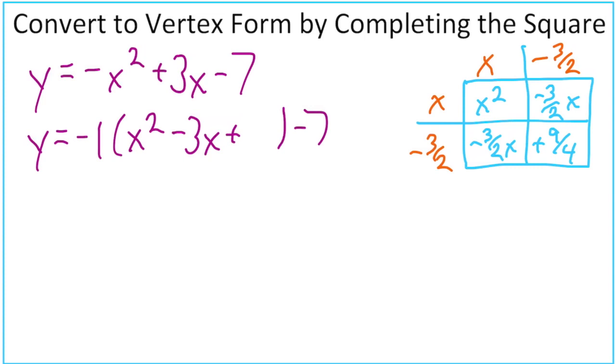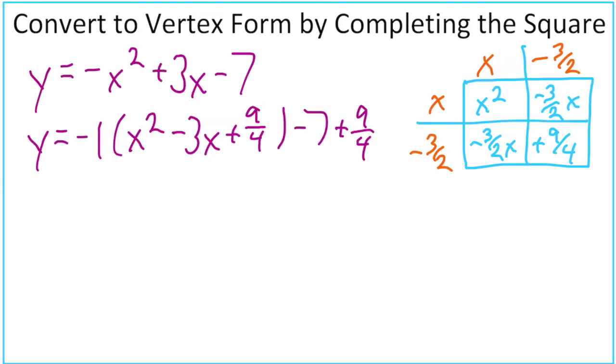So that is the number that we add out here. Positive 9/4 is technically being multiplied by negative 1, so its value is negative 9/4. So the opposite of negative 9/4 is positive 9/4.